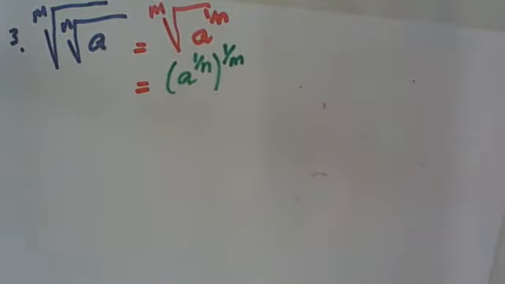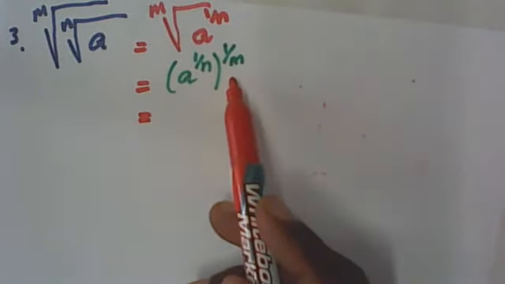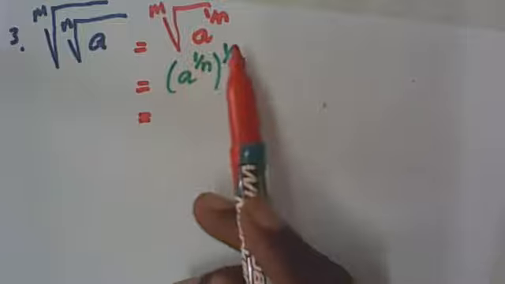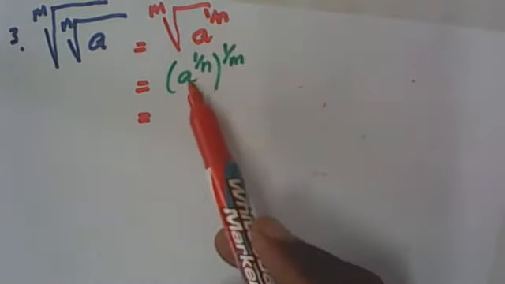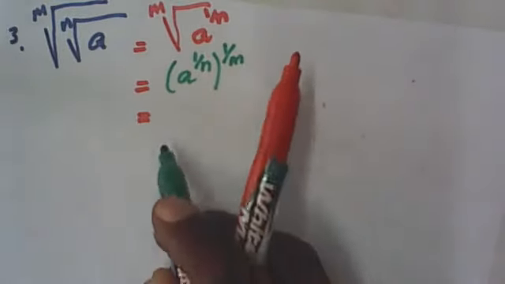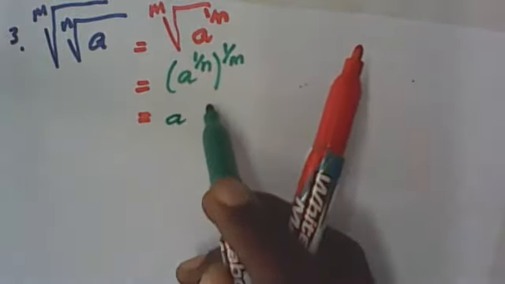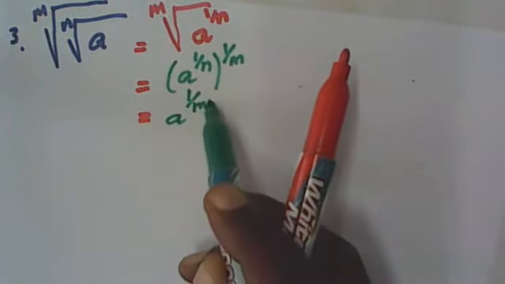According to the laws of exponents, if a power is raised to another power, you just multiply the exponents. 1 by 1 is 1. This will be a to the power 1 over mn.